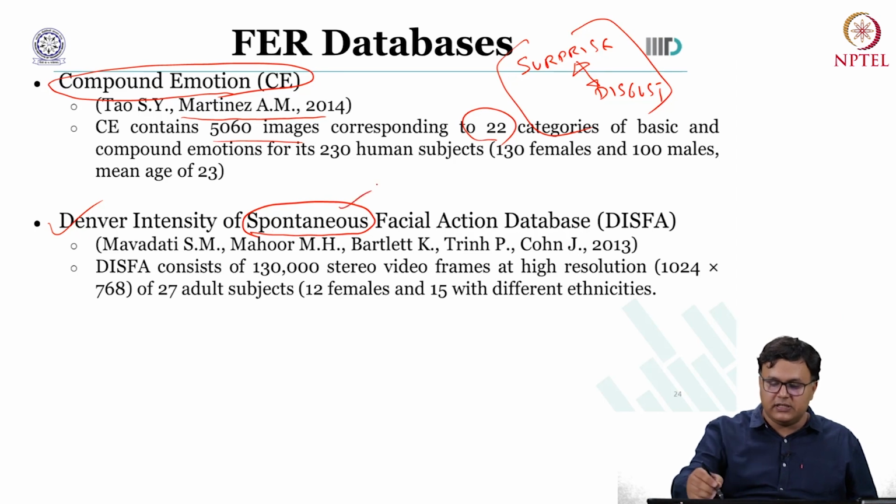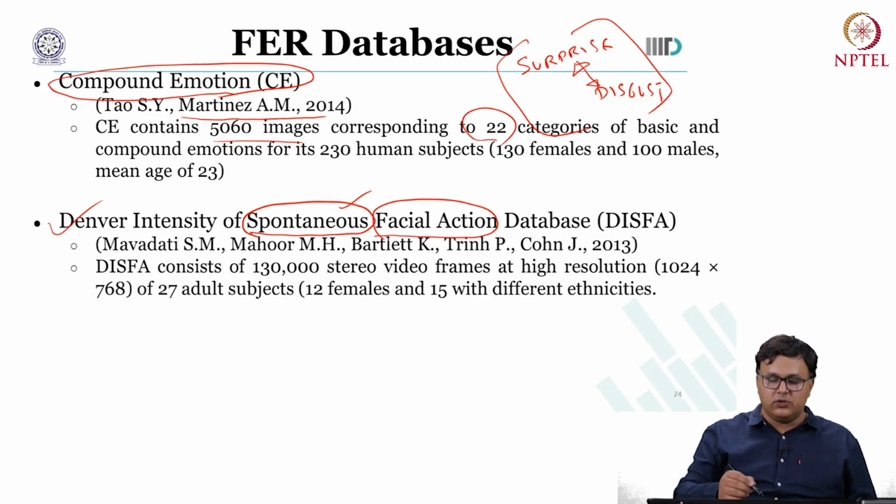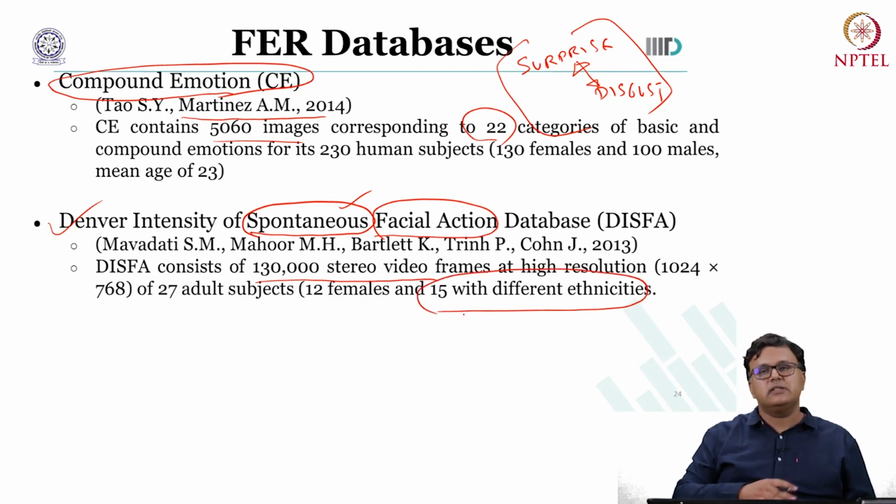So spontaneous expressions, and then there was human labeling for facial actions. So you have now 3D data at a high resolution and different ethnicities as well, right? So there's another type of variability which is coming in this data set.